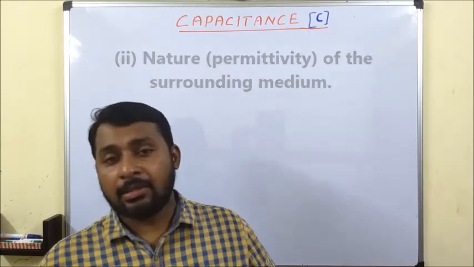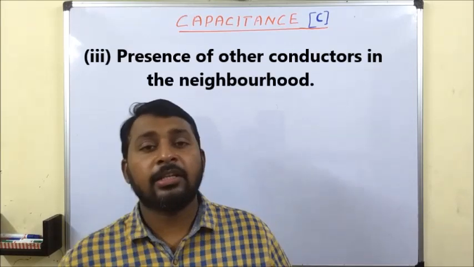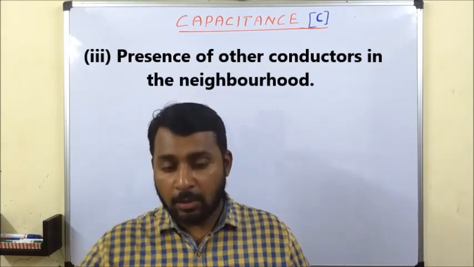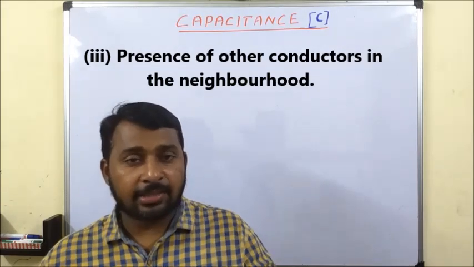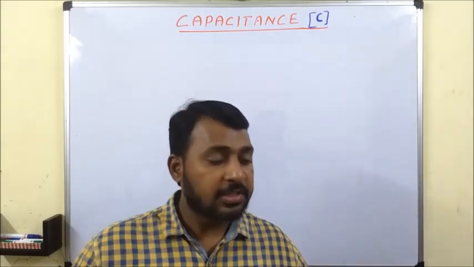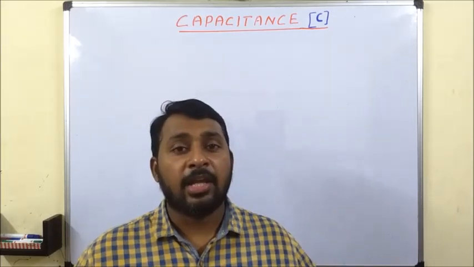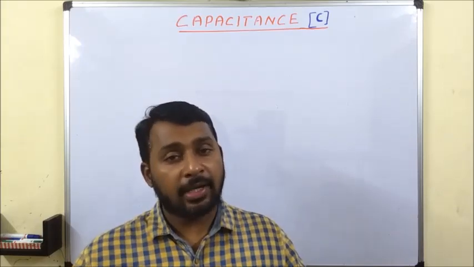And the third factor is the presence of other conductors in the neighborhood. If you keep some other conductor in the neighborhood, then the ability to store charge of the first conductor may vary. So these are the factors affecting the capacitance of a conductor.